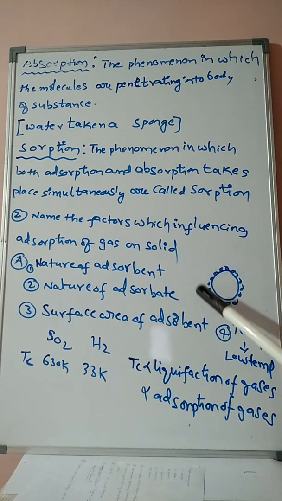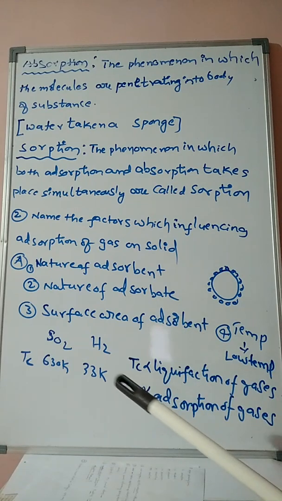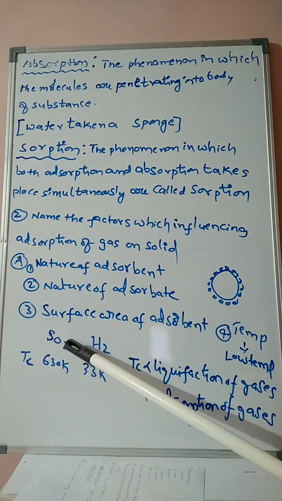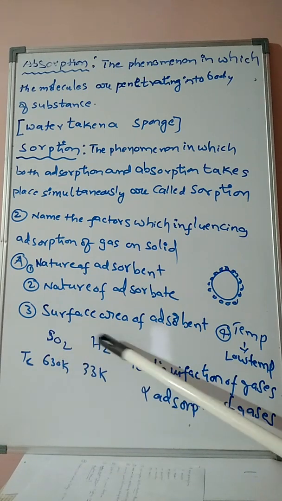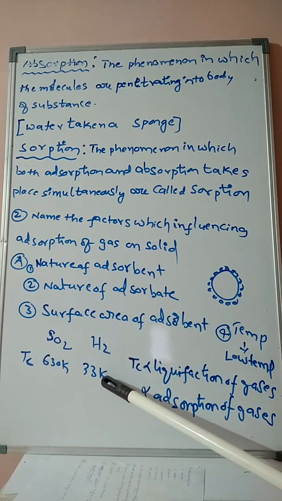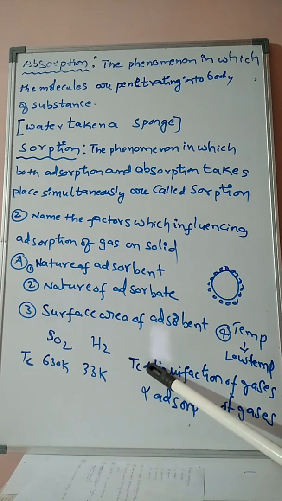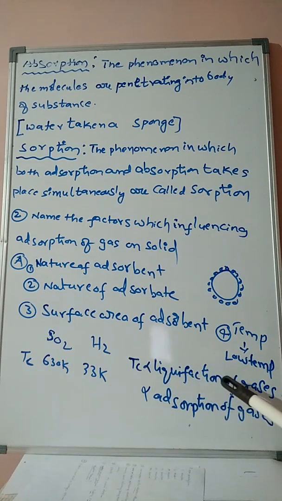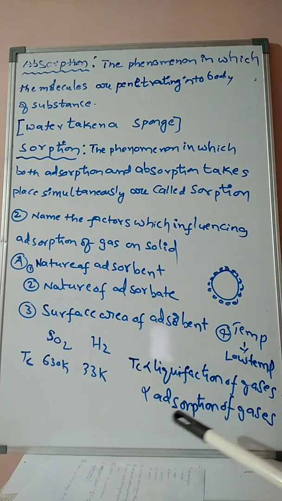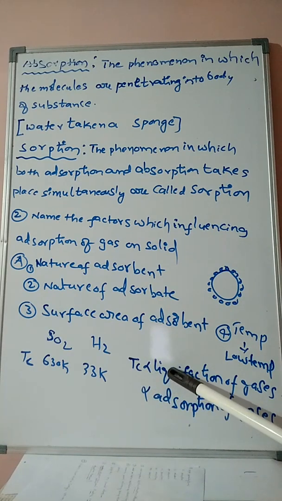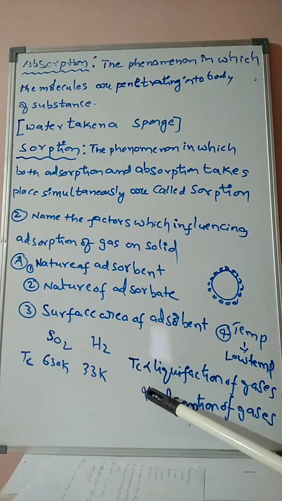Let us consider sulfur dioxide, whose critical temperature is 630 Kelvin, and hydrogen, whose critical temperature is 33 Kelvin. Critical temperature is directly proportional to liquefaction of gases, which is directly proportional to adsorption of gases. Easily liquefiable gases are more adsorbed on the surface of the adsorbent.